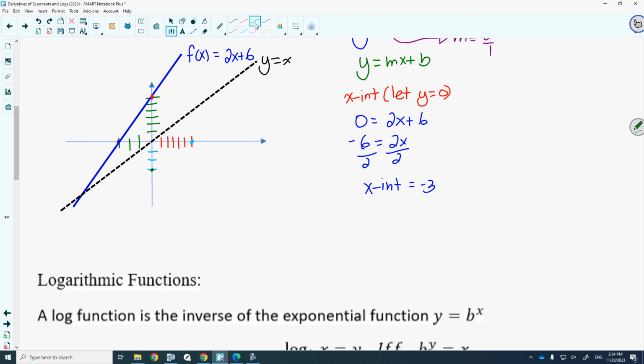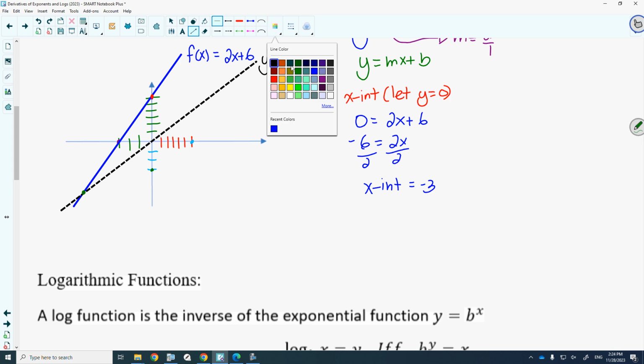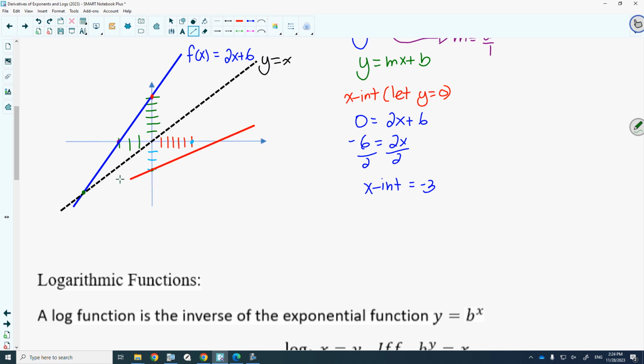And then the other thing about inverse functions is the invariant point, so the point that's the same on both graphs, is the point that lies on the line y is equal to x. So this point right here, which we'll calculate in a minute, that's going to be an invariant point. So the inverse graph will go through the 3 points.